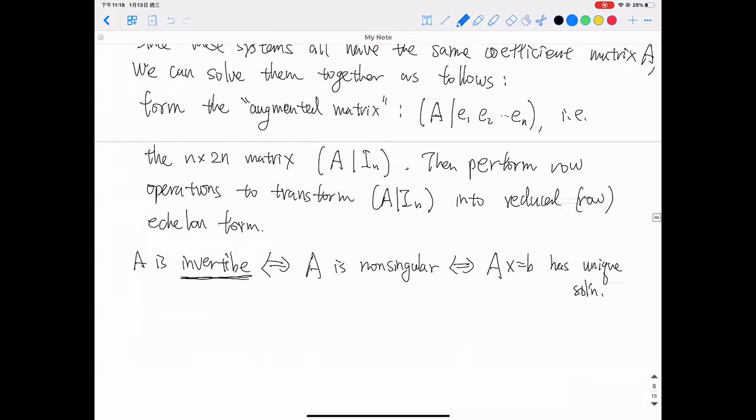Now, we can think about this as follows. From the perspective of solving the system using row operations, you form the augmented matrix, then you transform it into reduced echelon form.